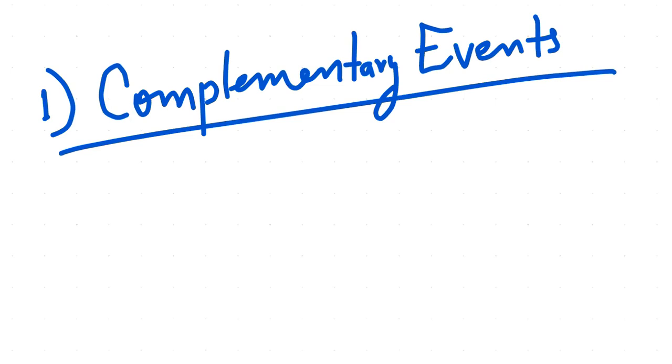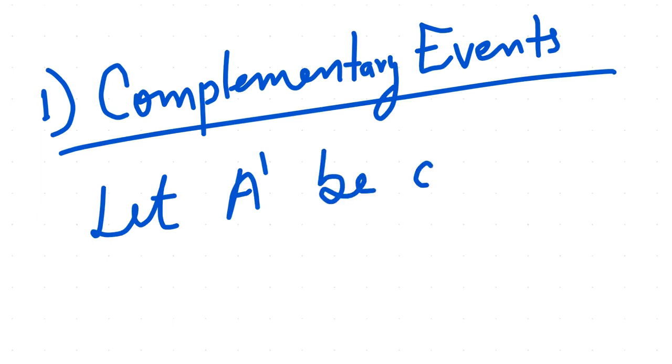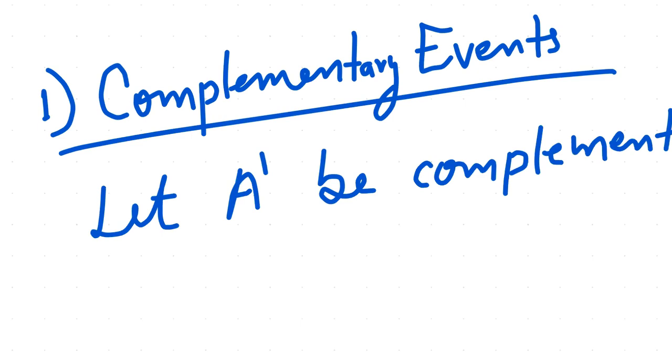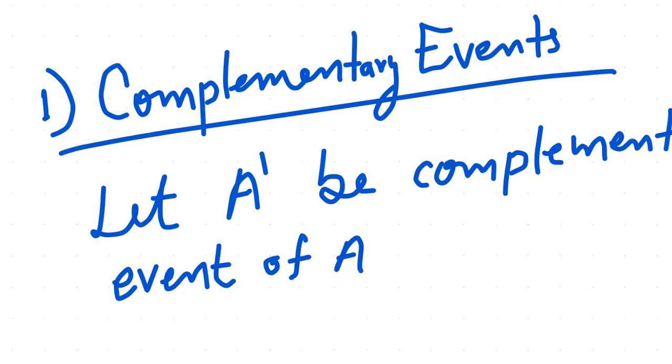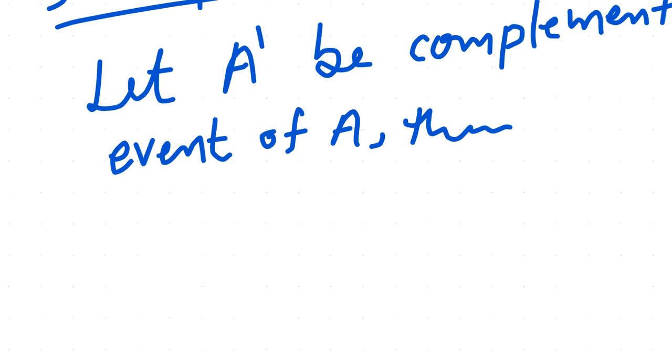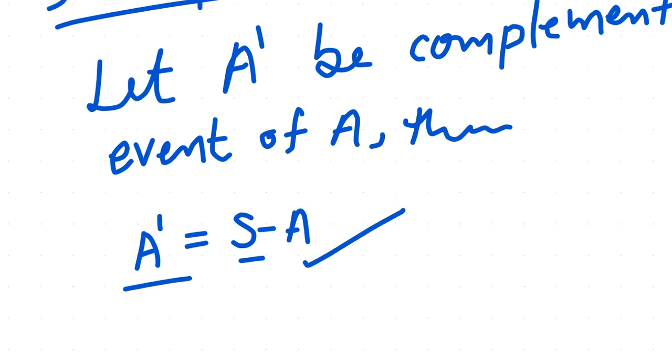Let A dash be the complementary event of A. Then we can define it as A dash is equal to S minus A. Just subtract all those outcomes which occur in A from S. Then the rest you will get in A dash, which is the complementary event of A.